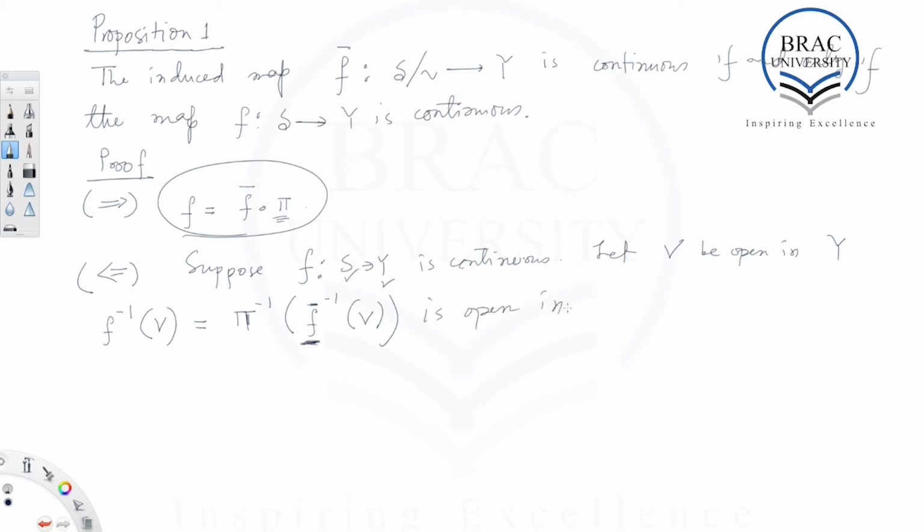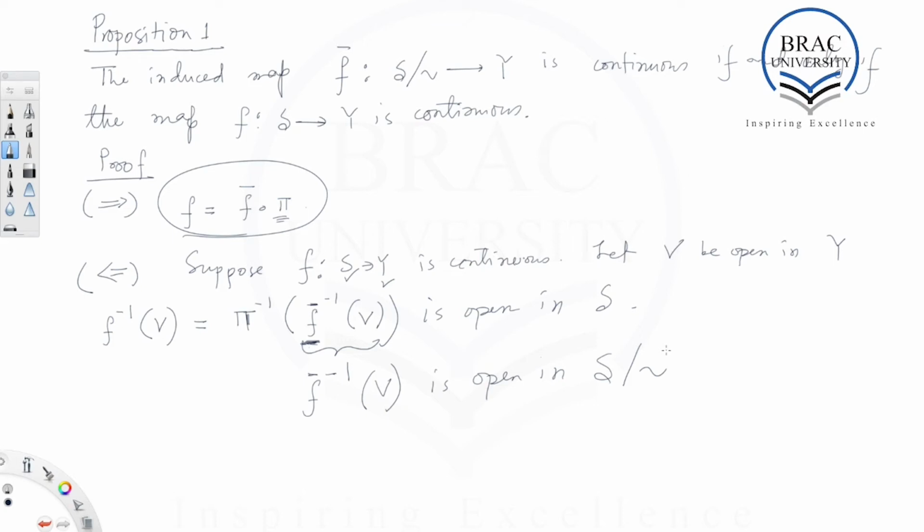Since this is open in S, from the definition of quotient topology, we see that the inverse image of V under f bar is open in the quotient space, which follows from the definition of quotient topology.